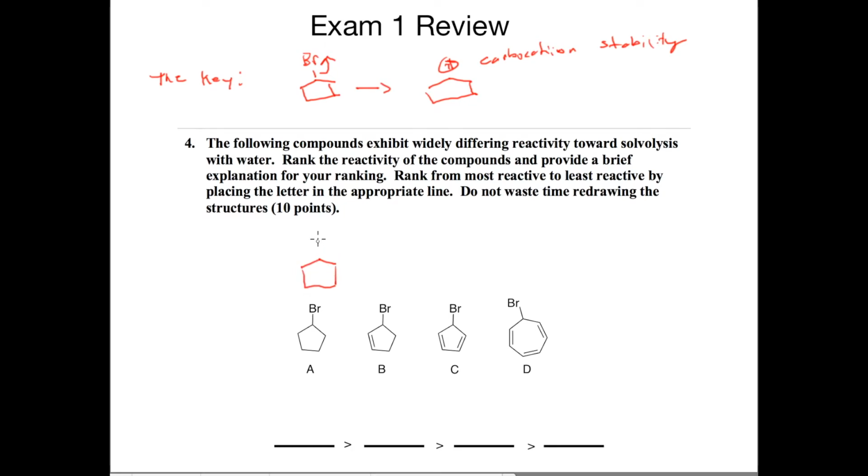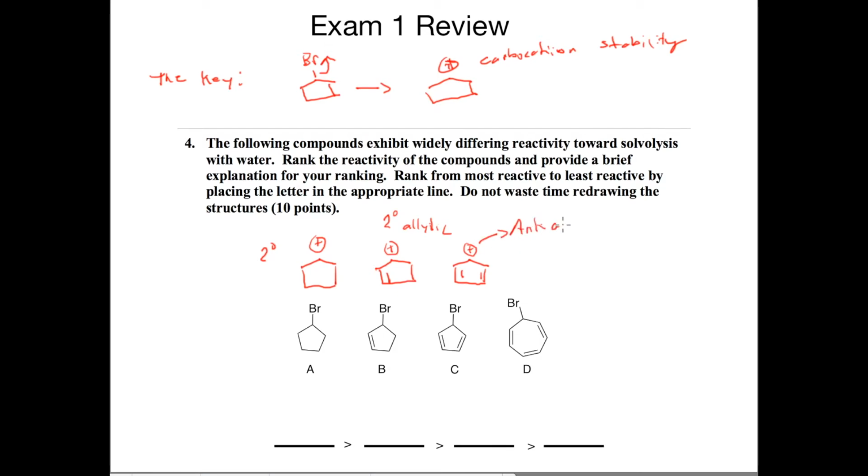So this one is just secondary. This one is also a secondary carbocation, but it is secondary allylic, so that adds some resonance stabilization. This carbocation, however, is a bit different, because notice now that everything is sp2, and this actually makes it anti-aromatic.